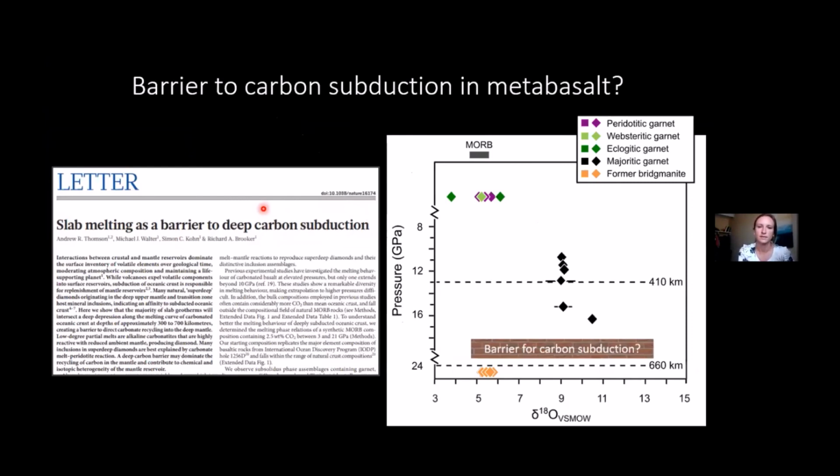And so Andy Thomson in 2016 suggested that this so-called barrier for carbon subduction may occur in the transition zone. And so we believe this change in diamond forming mode between the transition zone and lower mantle may be indicative of the same barrier.